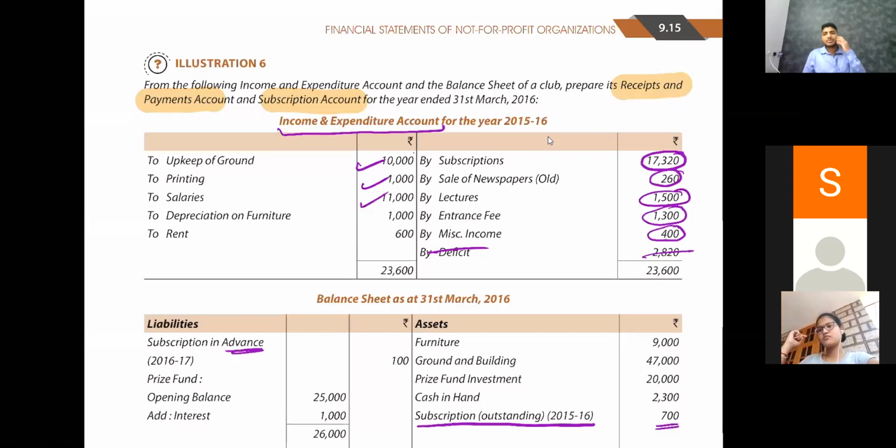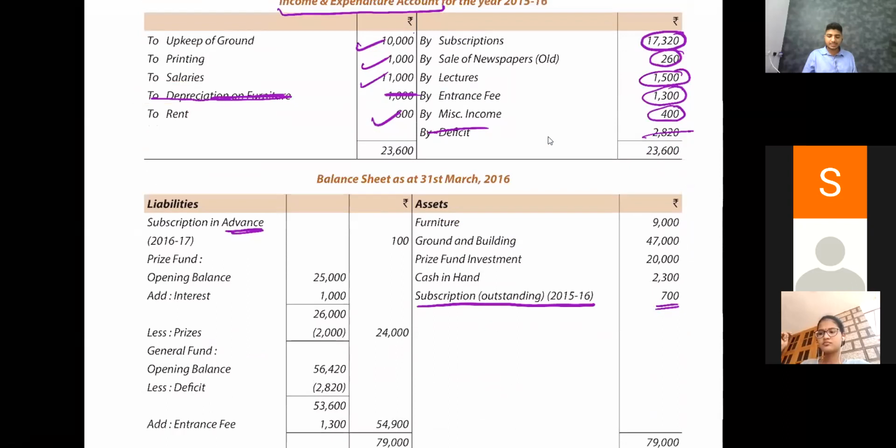Why? Because depreciation is not a cash item. It is a non-cash item. So since it is a non-cash item, depreciation should not go. Next, rent should go? Should go. But again, now we are thinking that everything is paid. Let us see if it is actually paid or not.